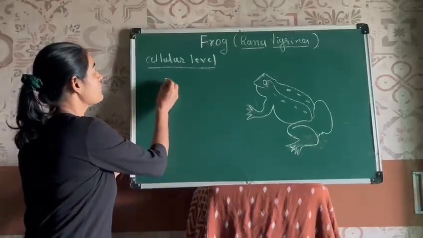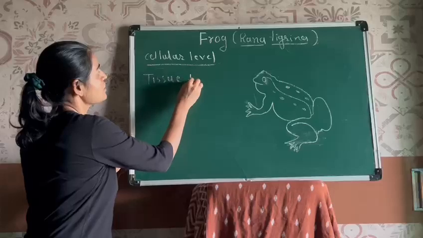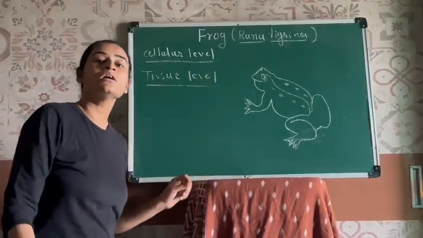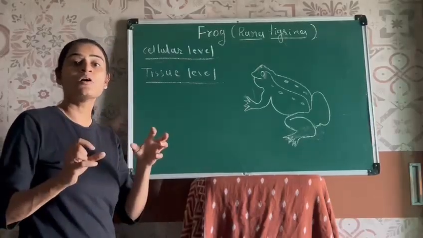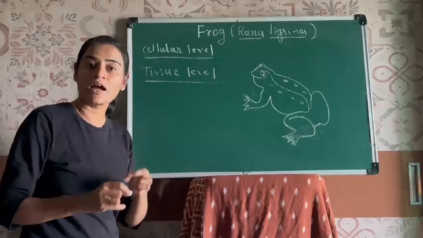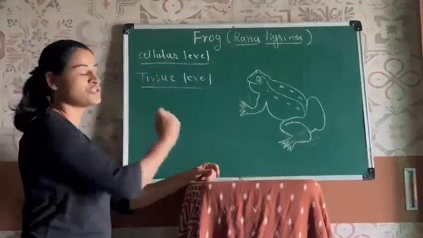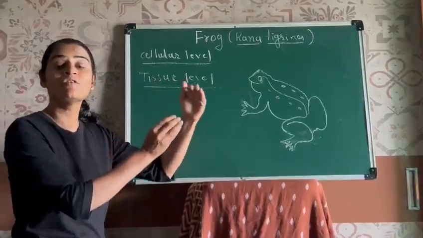Now another level is the tissue level of organization. In the tissue level, a group of cells come together and form a particular structure having a similar kind of function and a similar origin, and that is called a tissue. Some organisms have organization up to the level of tissue.